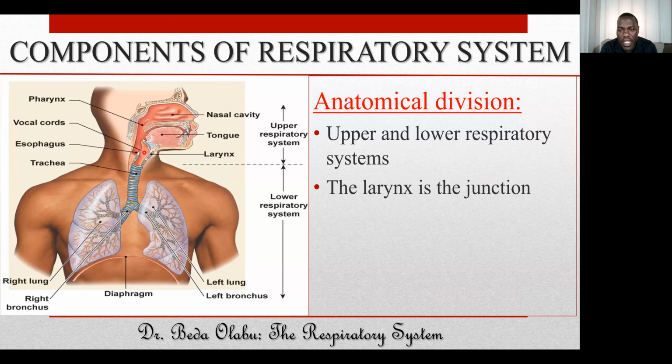So it means that anything above the level of the larynx falls under the upper respiratory system. Therefore, when you talk of the upper respiratory system, we're referring to the nasal cavity as well as the pharynx. So these two are components of the upper respiratory system.